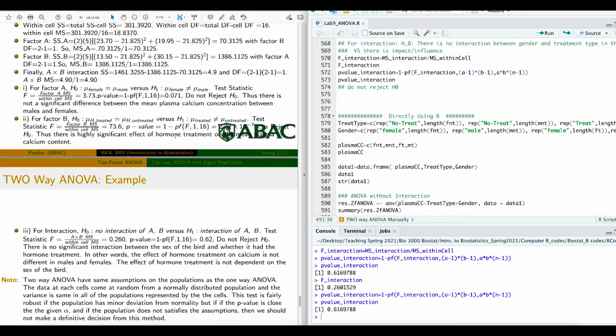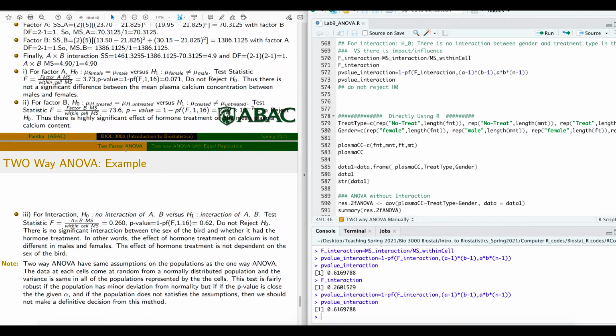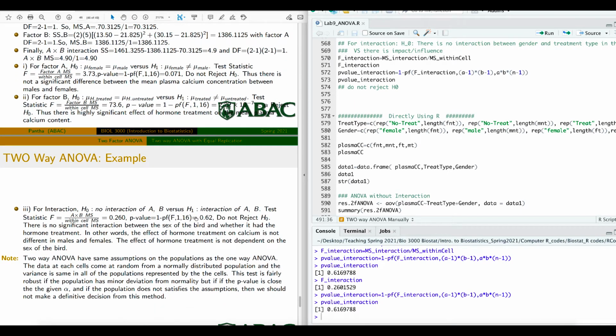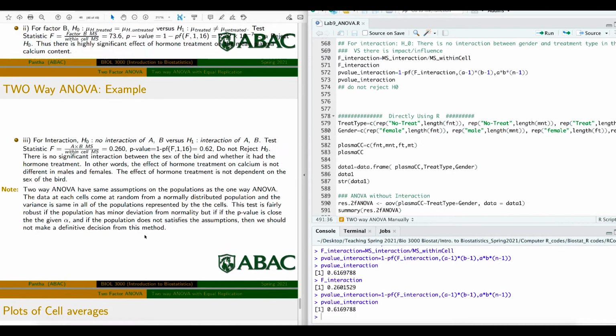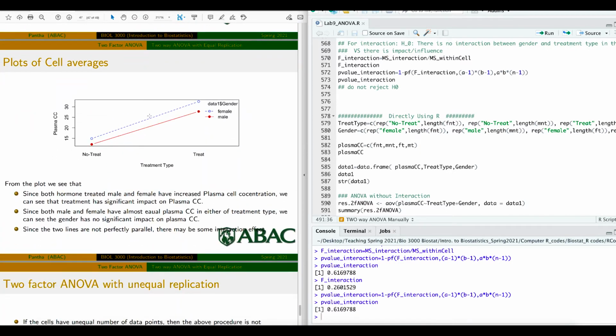For the interaction effect, we found the p-value was 0.62, meaning there is no significant interaction effect, so we do not reject the H0. From here we can see that there is some interaction because they are not perfectly parallel, but it may not be significant. It may be just a slight interaction effect only. That's what we can see from the plot.